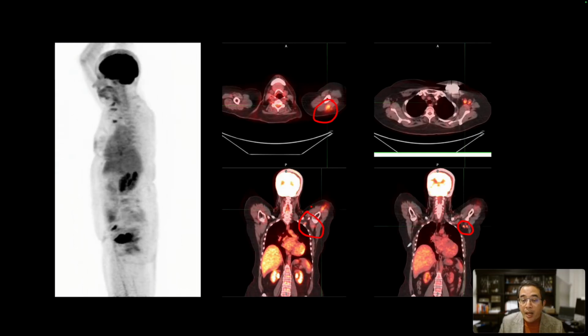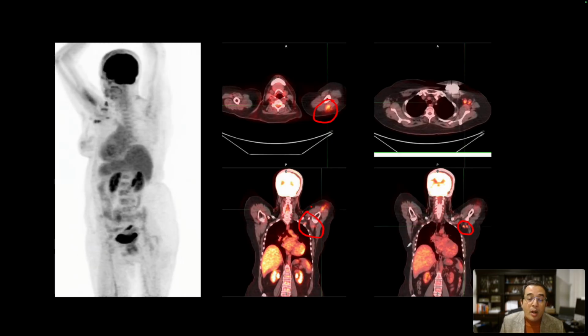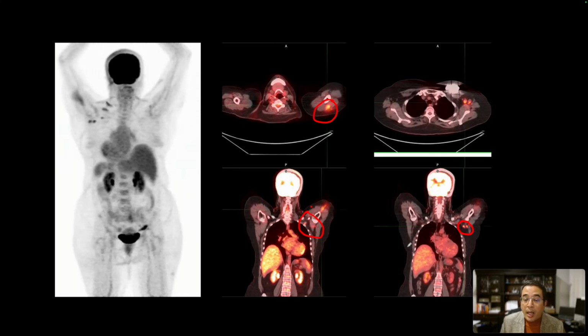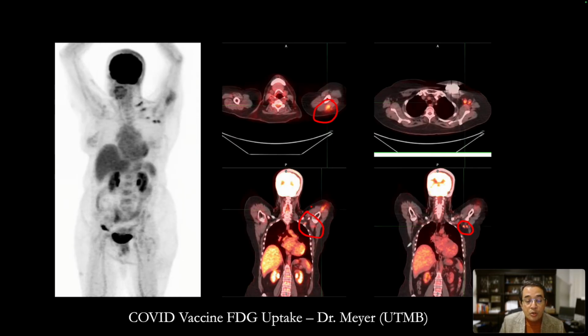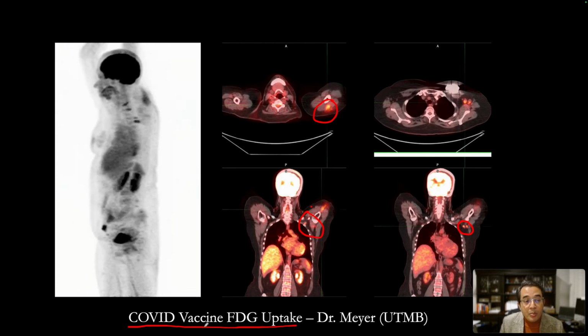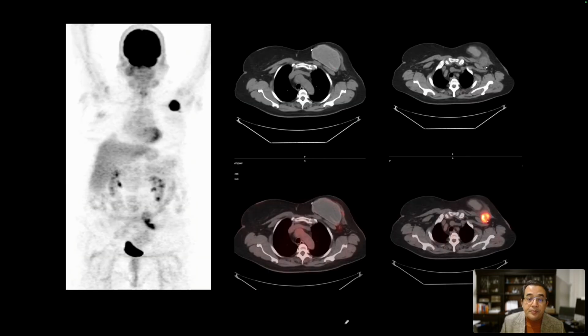This patient had received a COVID vaccine a day prior to their PET CT, and we see hypermetabolism at the site of injection and also in the axillary lymph nodes. So remember this variant, if the patient has had a vaccine, you can see uptake at the site of injection and also in the regional lymph nodes.